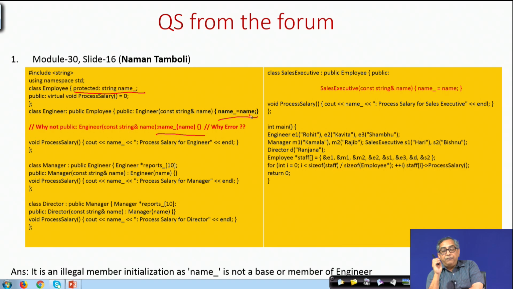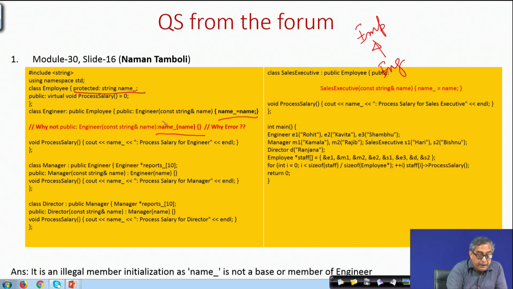So, if in your initialization list you have employee here and you have engineer here, when would you come to that point to initialize? Before that, your parent object must have got created, your base class object must have got created.